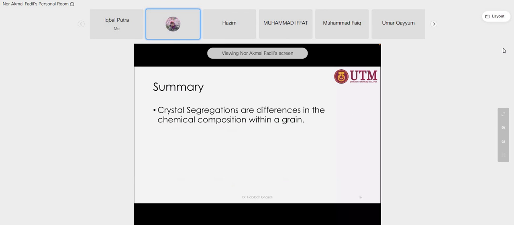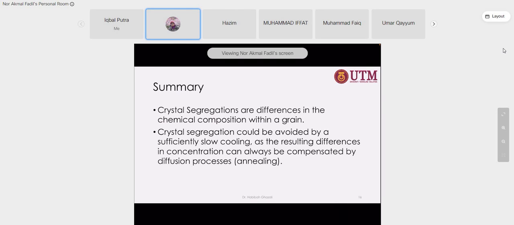Crystal segregation is differences in chemical composition within a grain, and it can be avoided by sufficiently slow cooling. Slow cooling is a method to achieve equilibrium structure. Basically, we construct phase diagrams using equilibrium phases, meaning we conduct slow cooling, as a result differences in concentration can always be compensated by the diffusion process.